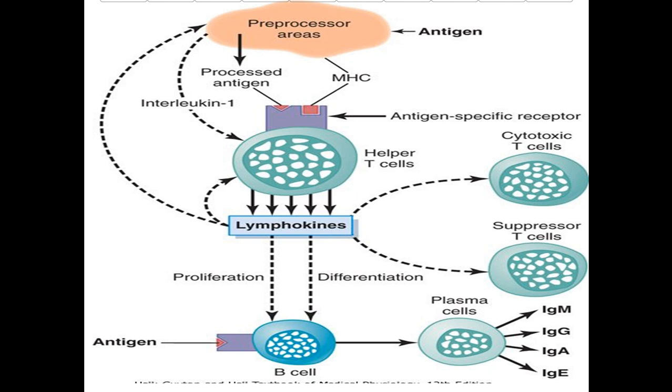The macrophage area is exposed to antigen. You can see the major histocompatibility complex, and there is the antigen specific receptor, and this is the helper T cell. So this helper T cell is activated, and there is also activation of cytotoxic T cells, and there are also suppressor T cells.